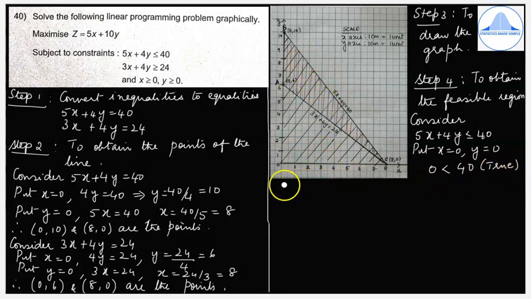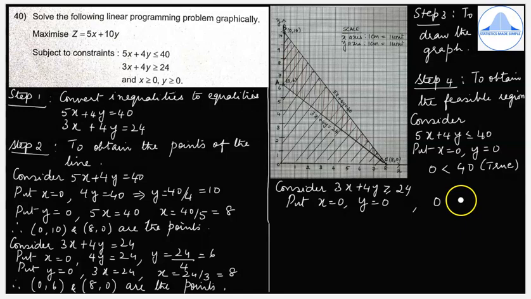Now take the other inequality. Consider 3x plus 4y greater than or equal to 24. Put both x equal to 0 and y equal to 0.